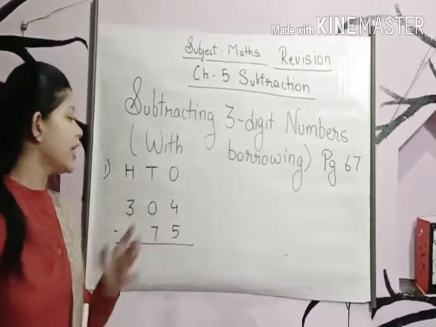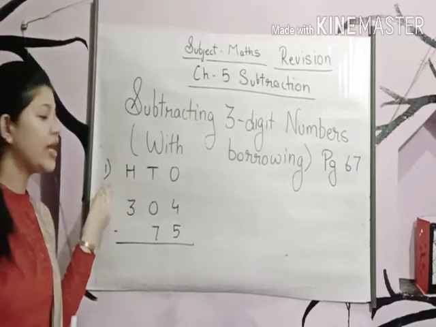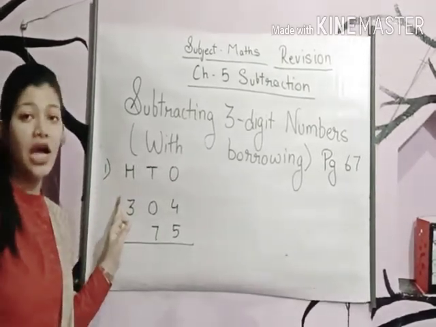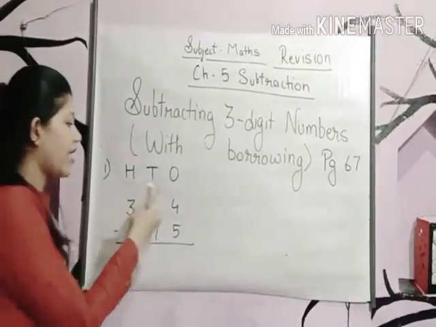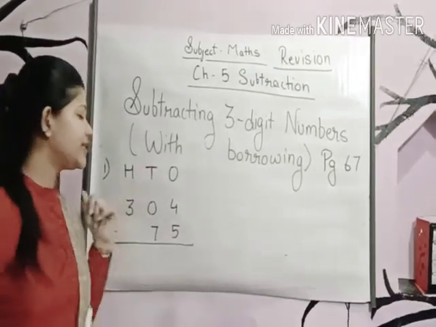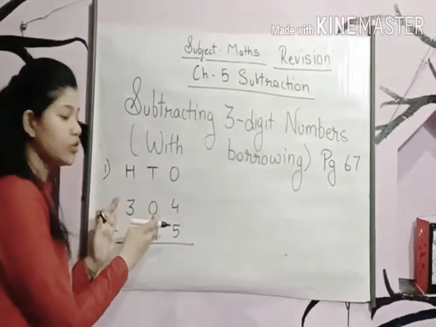So then we will come to the next door, that is the next column, hundreds. Now we will take borrow from 100. Tens will take borrow from 100 and ones will take borrow from tens. Let's see how. Now students, hundreds will give borrow to tens.